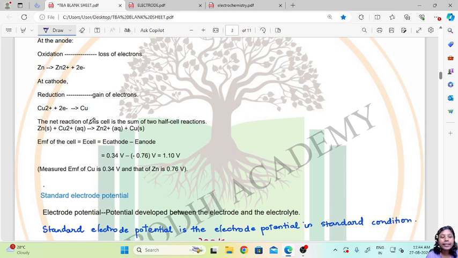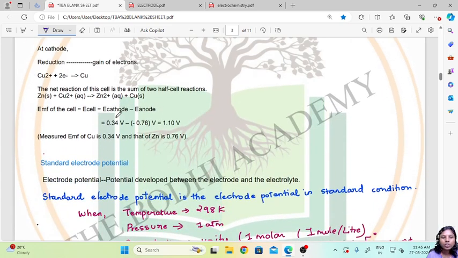Now the net reaction of this cell is the sum of the 2 half cell reactions, the oxidation half cell, that is Zn, and the reduction half cell, that is copper. So EMF of the cell is given as E cell equals E cathode minus E anode. So E cathode, the value is 0.34, and for E anode it is minus 0.76. Now these values are specific here.